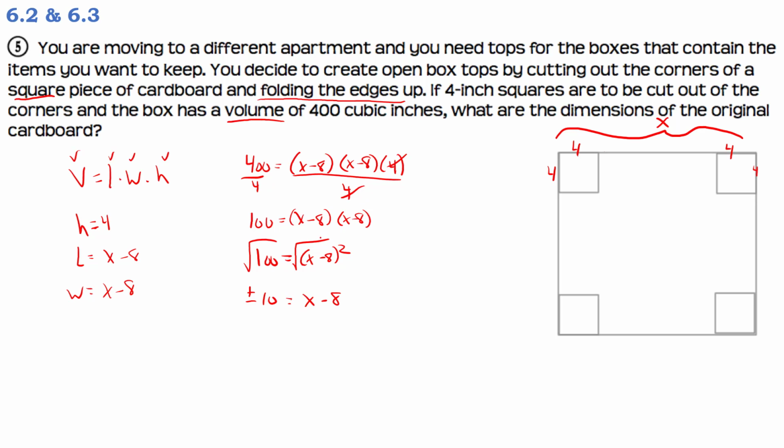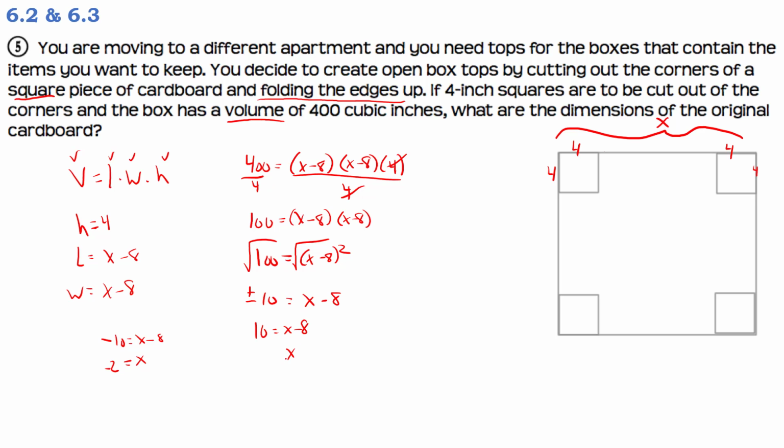Well, if we used a minus 10, if we said negative 10 equals x minus 8, our x value would equal negative 2. So again, we would have negative inches for our box, and that wouldn't work. So we need to use a positive 10. So we're going to say positive 10 equals x minus 8.